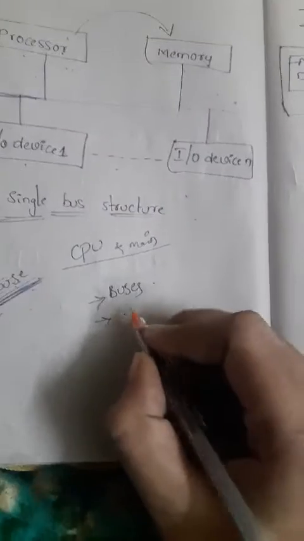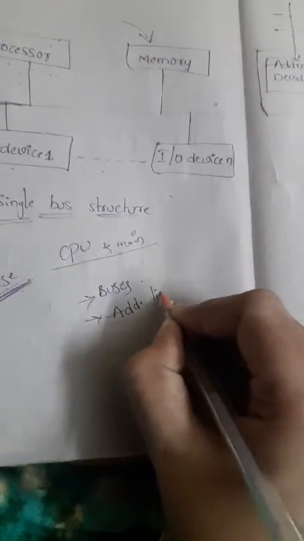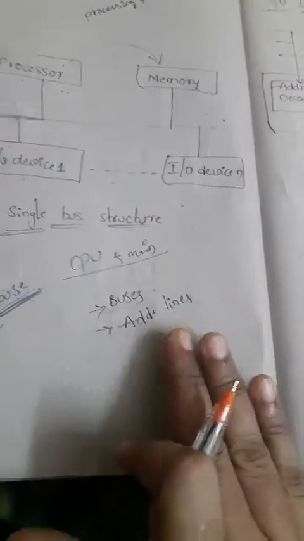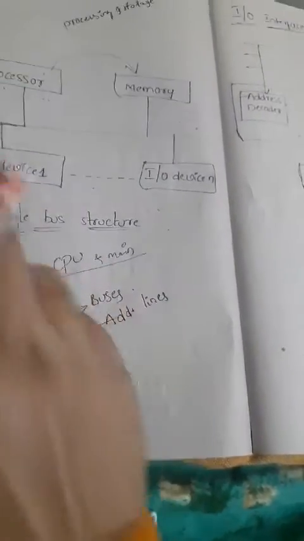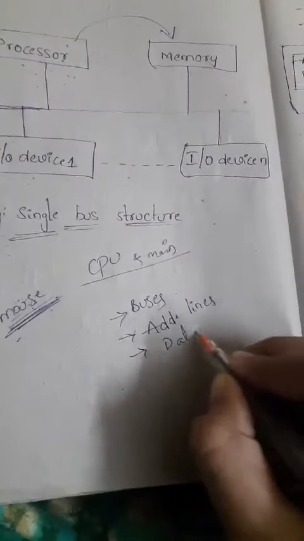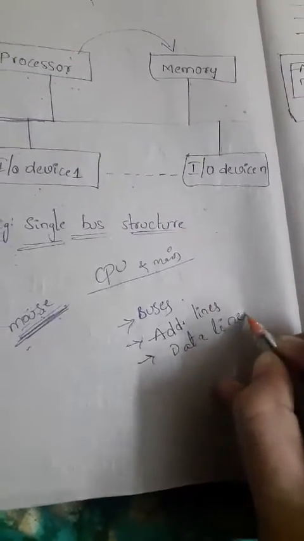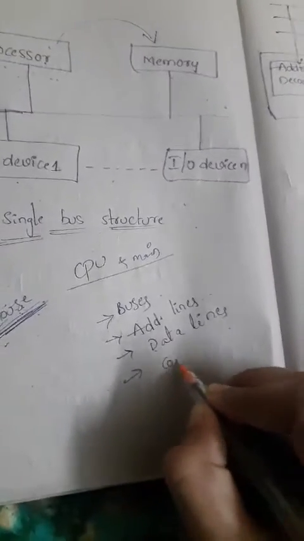So the bus consists of address lines, data lines, and control lines. One is the address bus, another is the data bus, and the control bus.